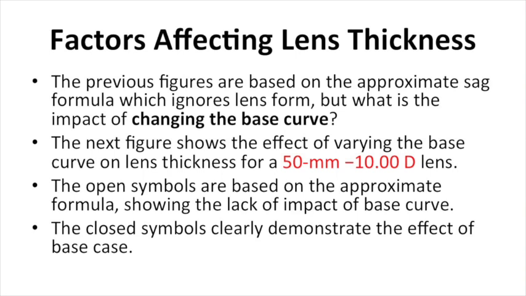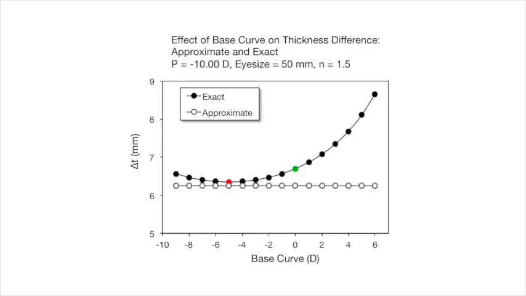The open symbols are based on the approximate formula, and what you'll see is that there's no impact of base curve. It can't factor in the impact of base curve. But the closed symbols clearly demonstrate the effect of base curve. So, as I said before, this is a minus 10 lens, and delta t is plotted as a function of base curve.